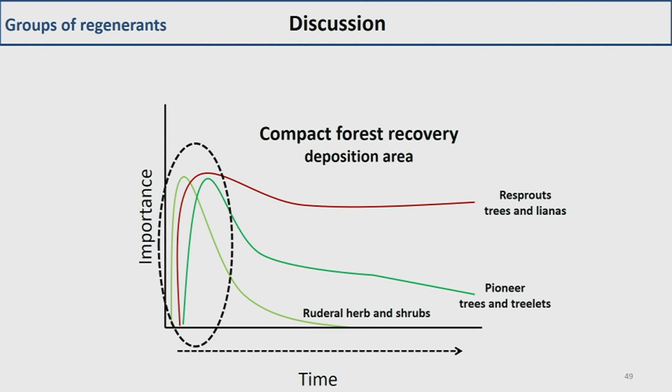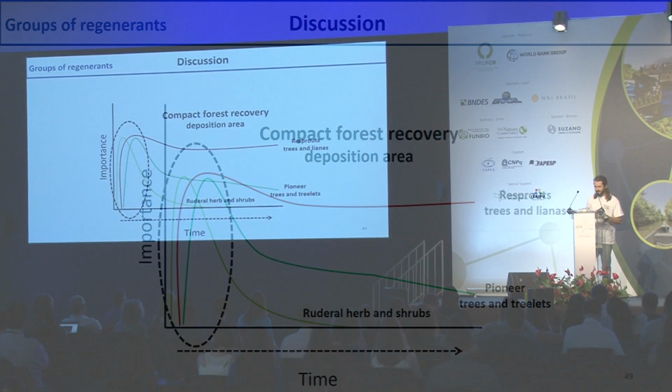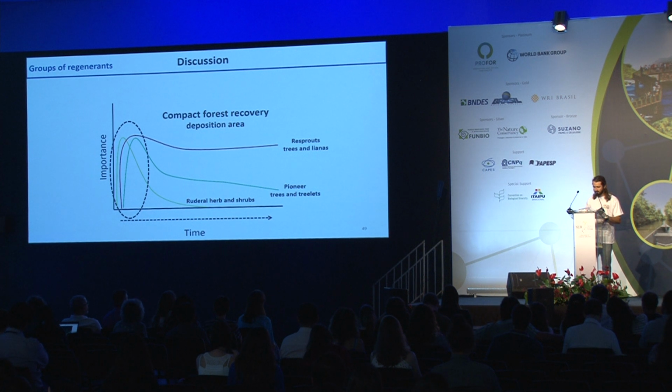The three groups of regenerants drive a composite process of forest recovery, thanks to topsoil resilience and seed rain from the adjacent landscape.